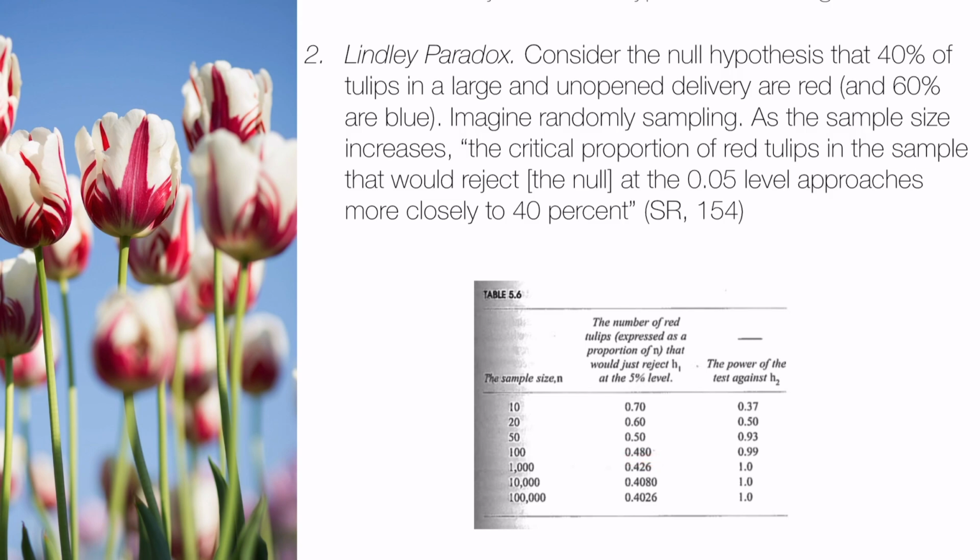So seeing 48% of the tulips in a sample of size 100 would cause you to reject the null hypothesis that 40% of the tulips in the whole population, right, this whole box, are red. So that seems counterintuitive in a way. And obviously, if you keep going, you see in this table here that as the sample size gets larger and larger, this proportion gets closer and closer to the null hypothesis.